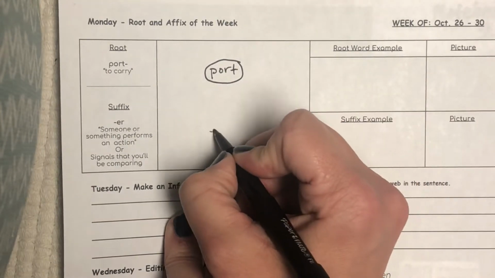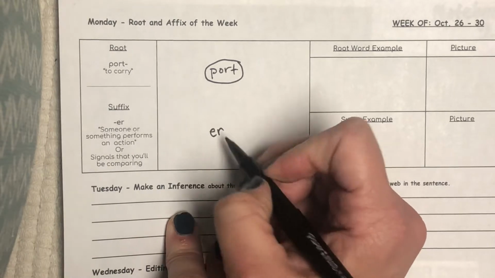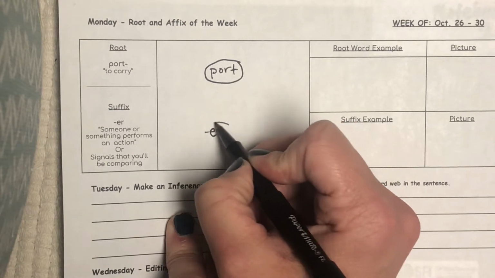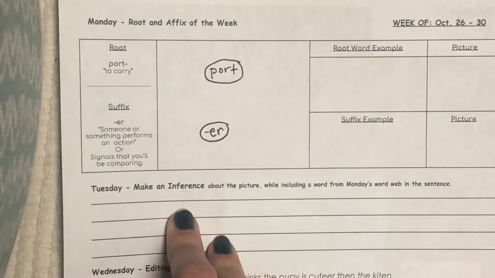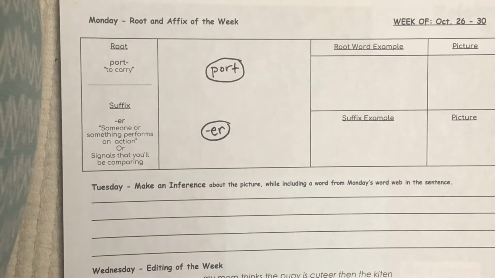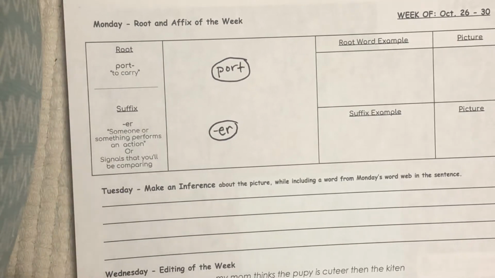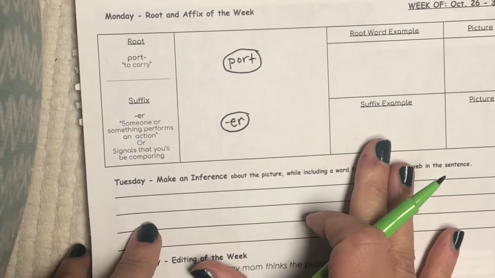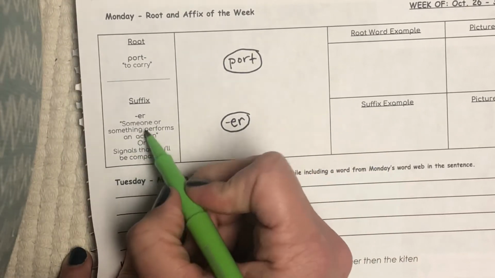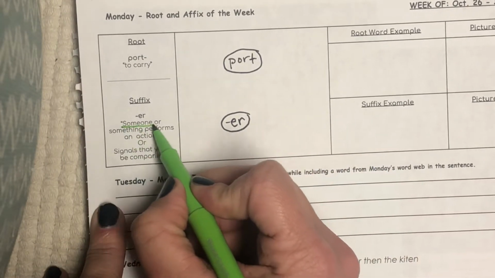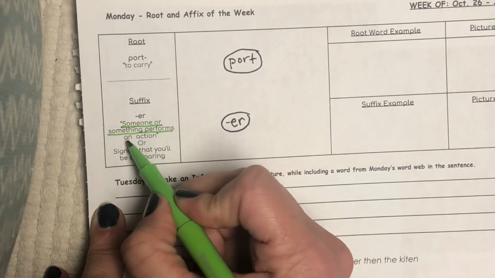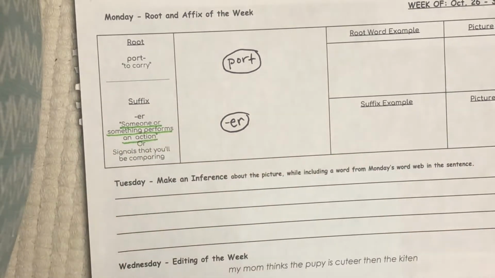And the suffix we're going to study is er, and it has two meanings. You can add it to the end of a word to signify that someone or something is doing an action.